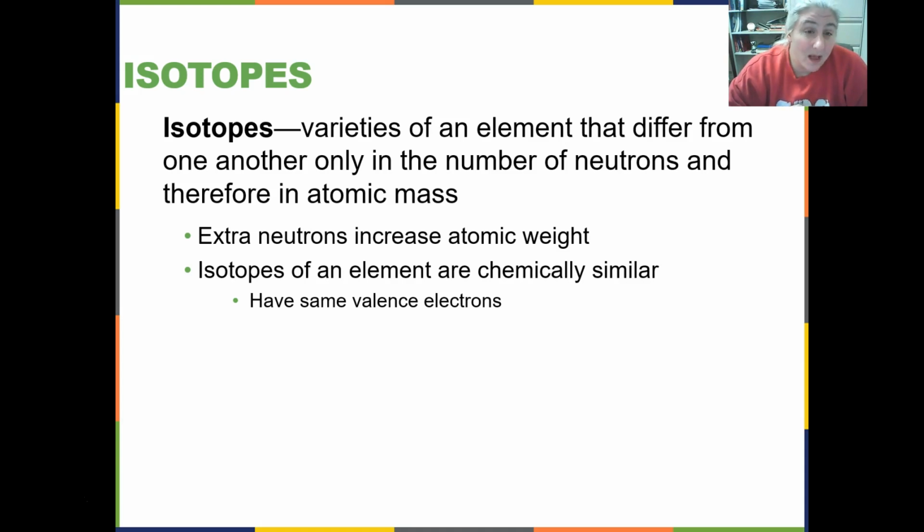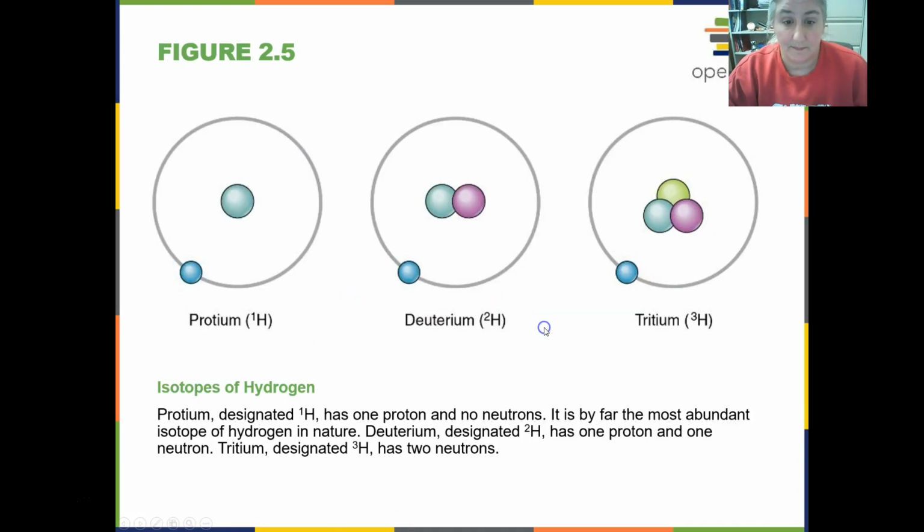So in general, all of the carbon has 12 as its atomic weight, which means 6 protons, 6 neutrons. But there are different forms of carbon that will have 7 neutrons, and even some others that have 8 neutrons. But they still equal protons and electrons.